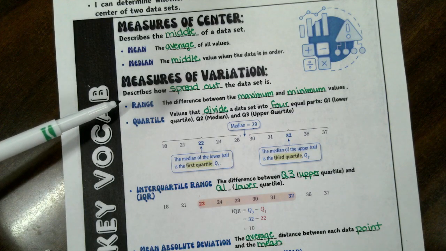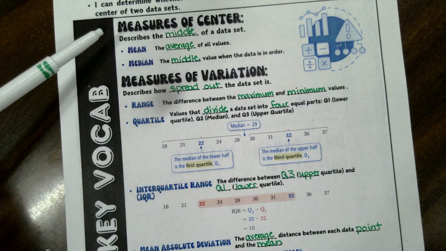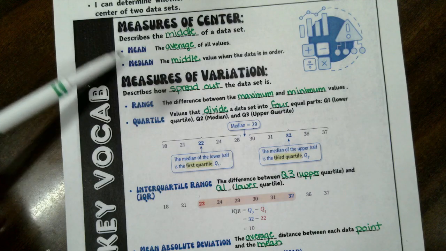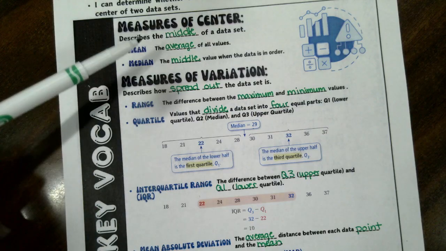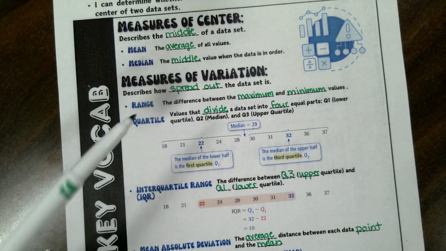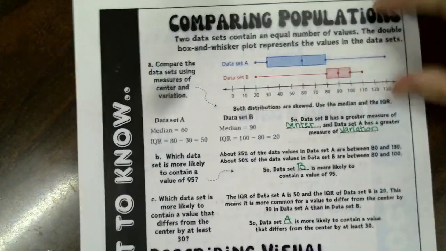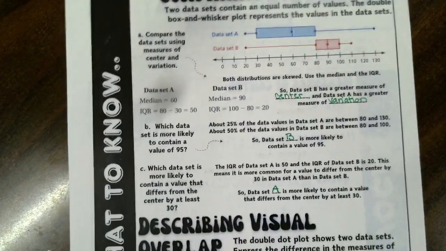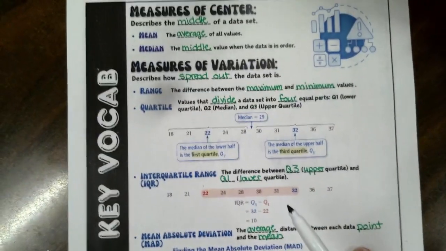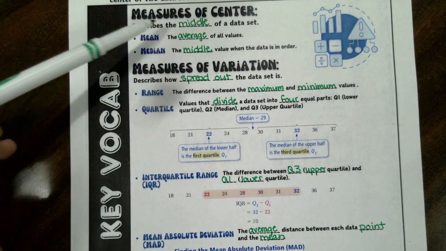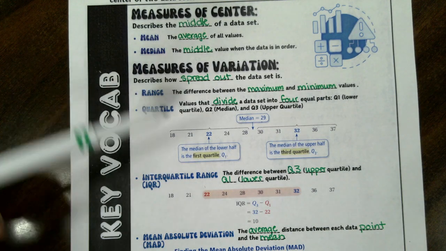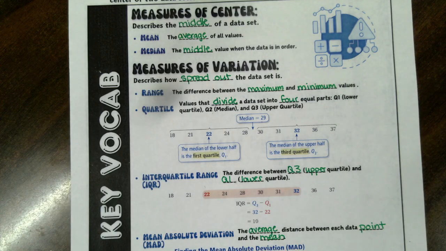You're going to do a couple of sheets that focus on skills you may have missed in 6th grade, so that you can get really comfortable with this, and then you'll do a couple of sheets that have you working on these skills. So don't think I'm just throwing you in there and you're like, what in the world is all of this? I don't know what I'm doing. You're going to get a chance to practice your skills on all of these vocab terms first, and then you'll use that in comparing statistics.